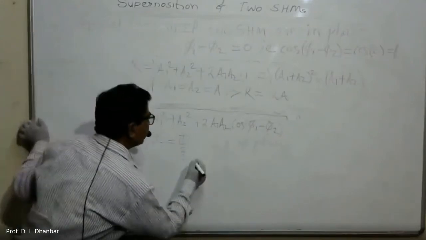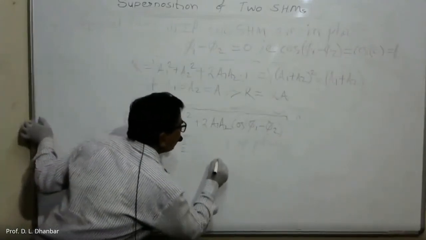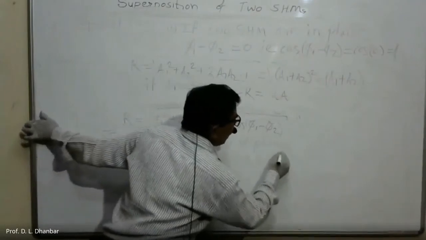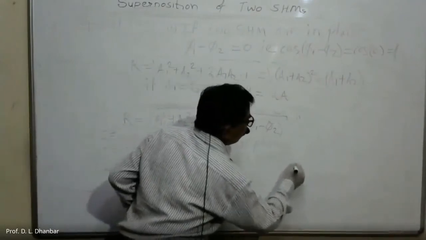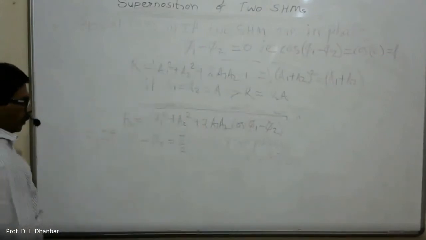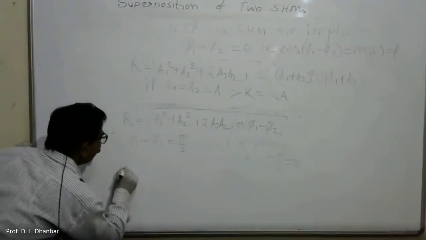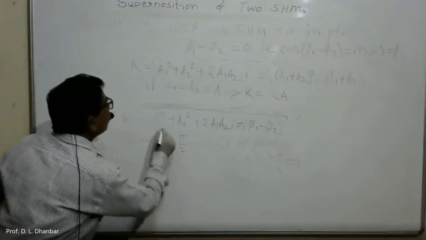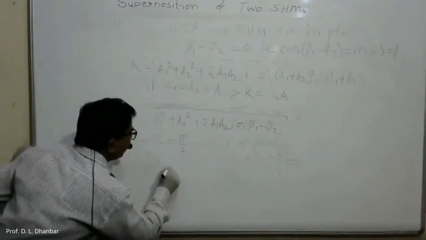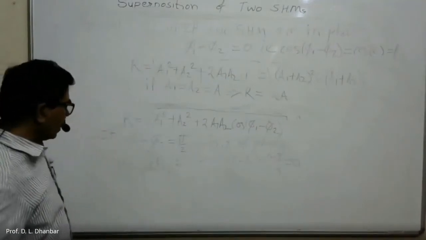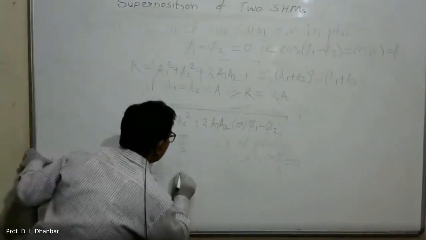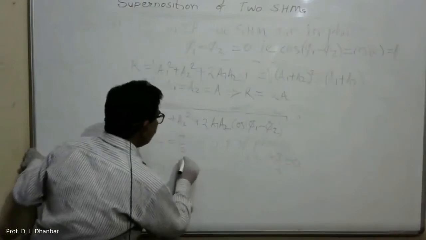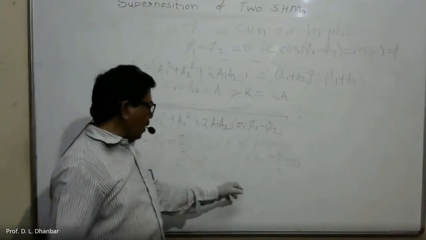If you substitute in this equation, then the resultant amplitude capital R is equal to under root a1 square plus a2 square plus 2 into a1 a2 into 0, because cos of pi by 2 is 0.